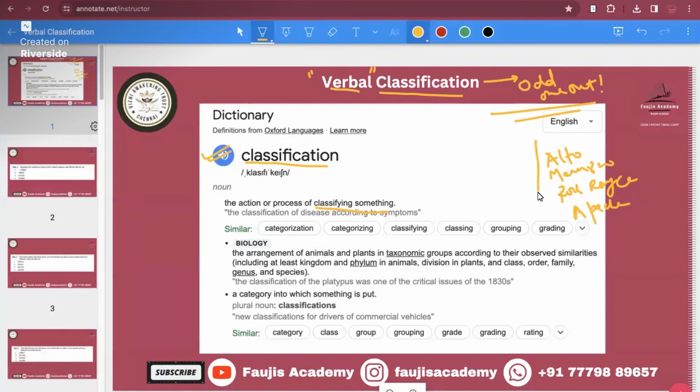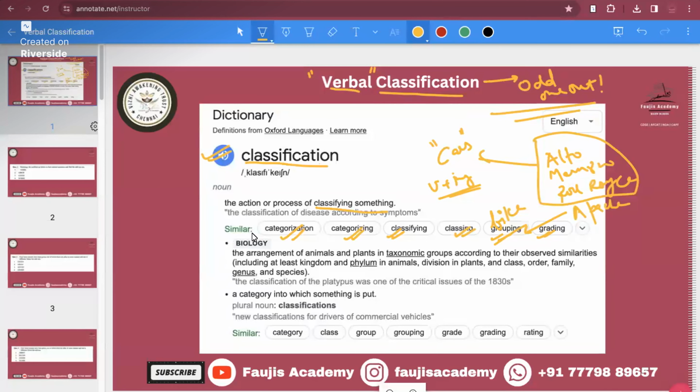We can classify the first into one segment, that is cars. But in the case of Apache, that's a bike, right, guys? So the other names for classification are categorization, categorizing, classifying, classing, grouping, grading. That's it. Not to be complicated.